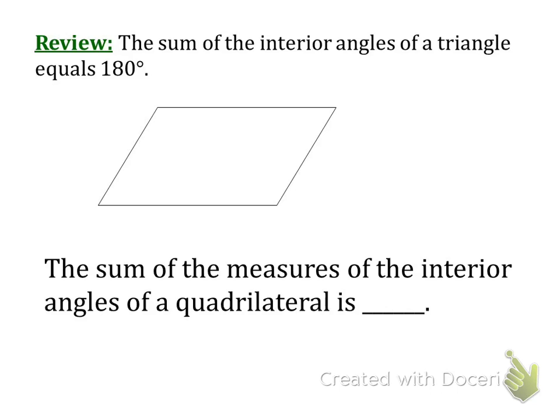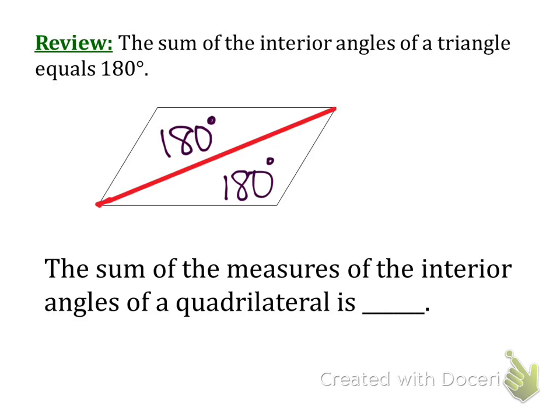We know the measure inside a triangle is 180. If we create a diagonal, so with me, use a straight edge and create a diagonal corner to corner. The triangle on top has a total of 180 degrees inside, and the triangle on the bottom also has a total of 180 degrees inside.